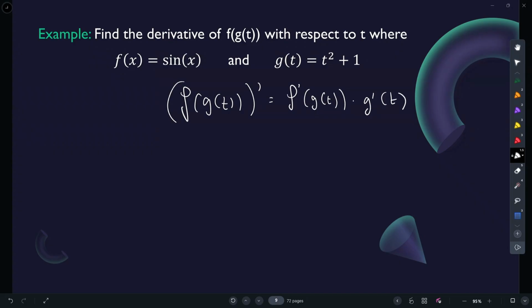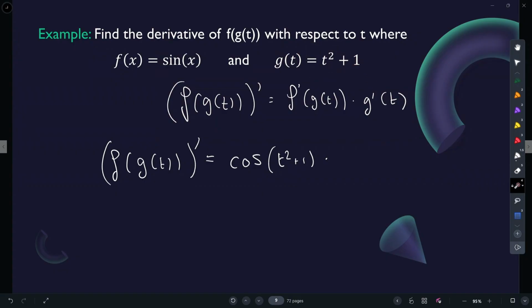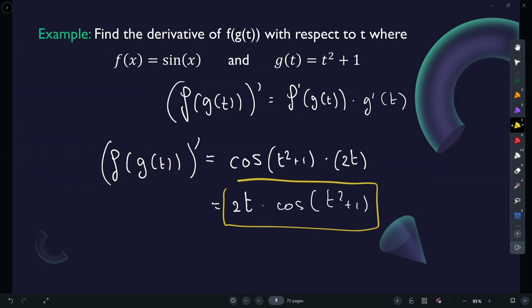So if I want to take the derivative of this composition, I can simply take the derivative of f, which is cosine, evaluated at what g was, t squared plus 1, times the derivative of g of t, which is 2t. So it will be 2t times the cosine of t squared plus 1. That's my derivative.